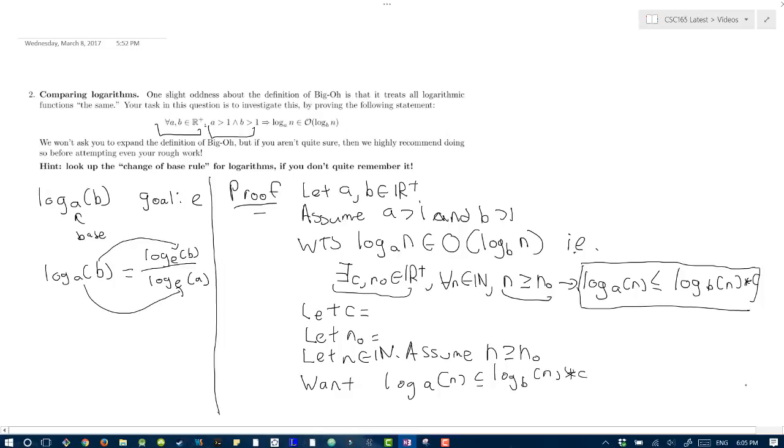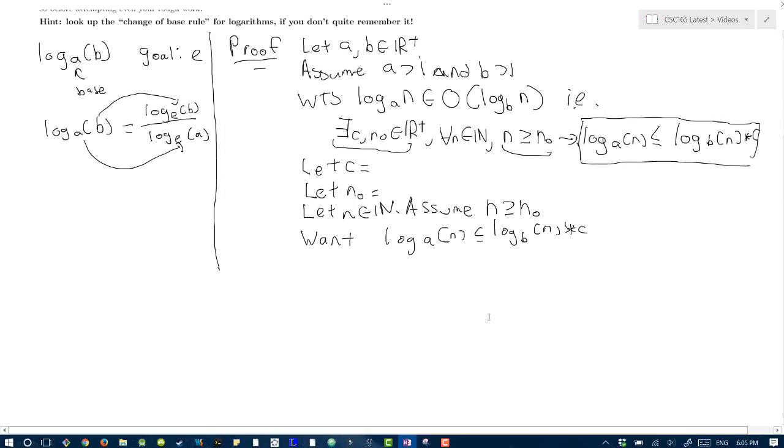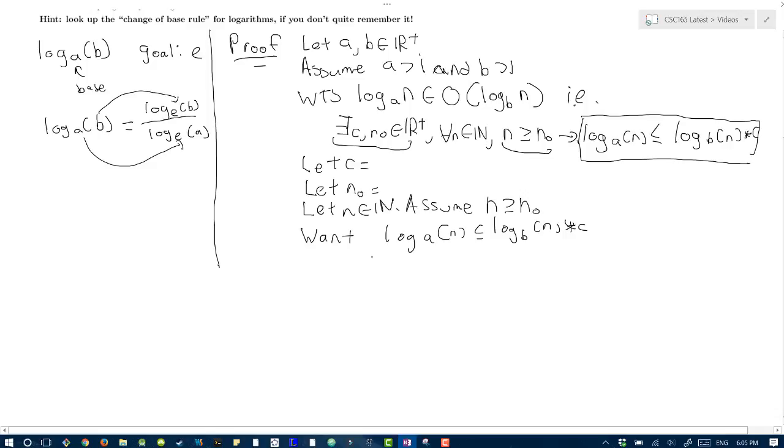Okay, well here we're going to want to, let me just scroll down a little bit here. So we're going to want to take log A of n and then switch the base. Give me 1 second. So we take log A of n and we rewrite it using log base change.